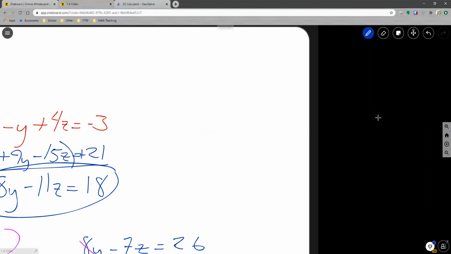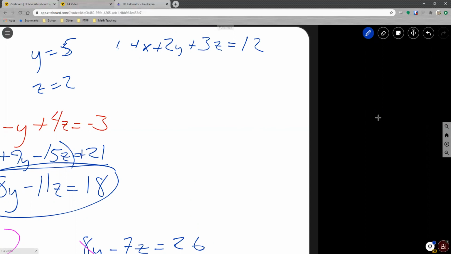So remember my first equation, equation number 1, was 4x plus 2y plus 3z equals 12. But we also know that y is equal to 5 and z is equal to 2. Well, I can plug these values in really quickly.